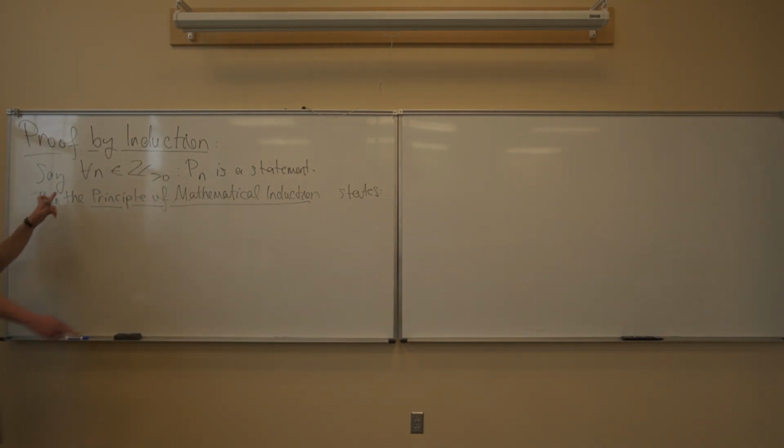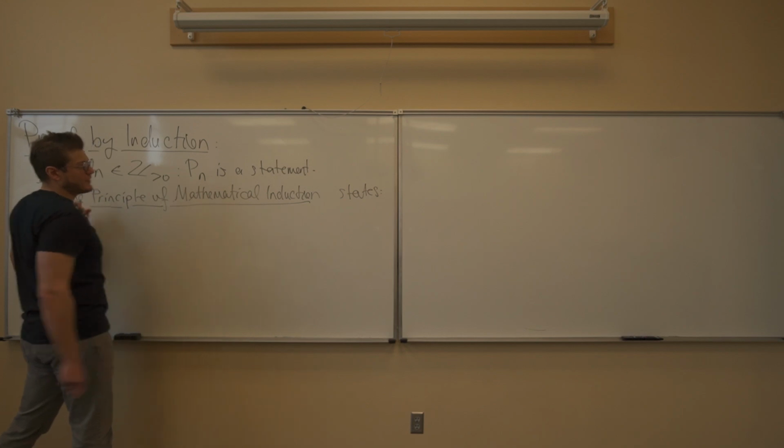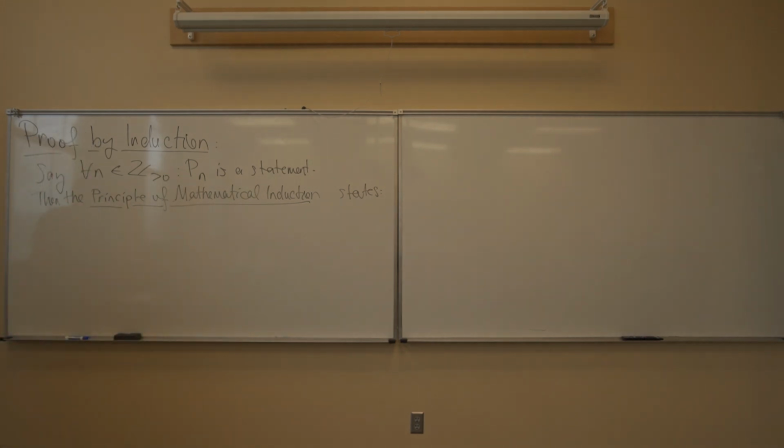In order to show that for each n, P sub n is correct, what you can do is chop it up into two pieces.